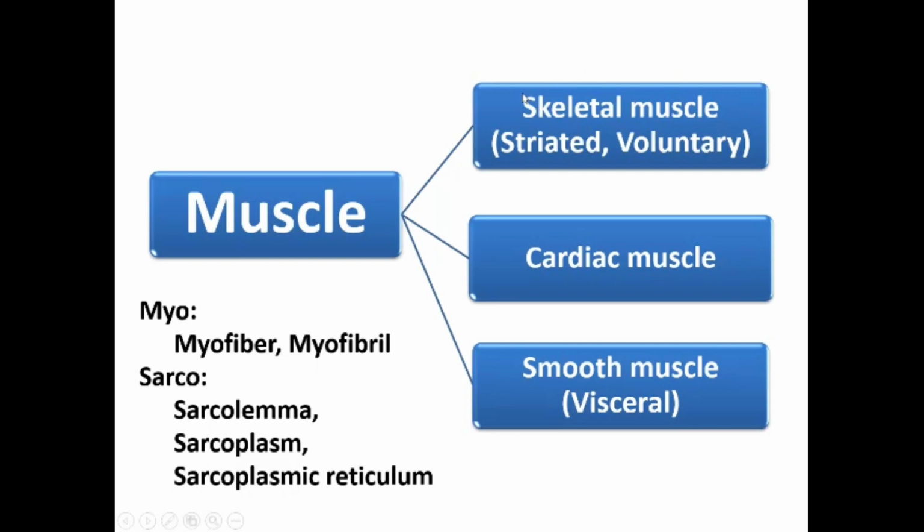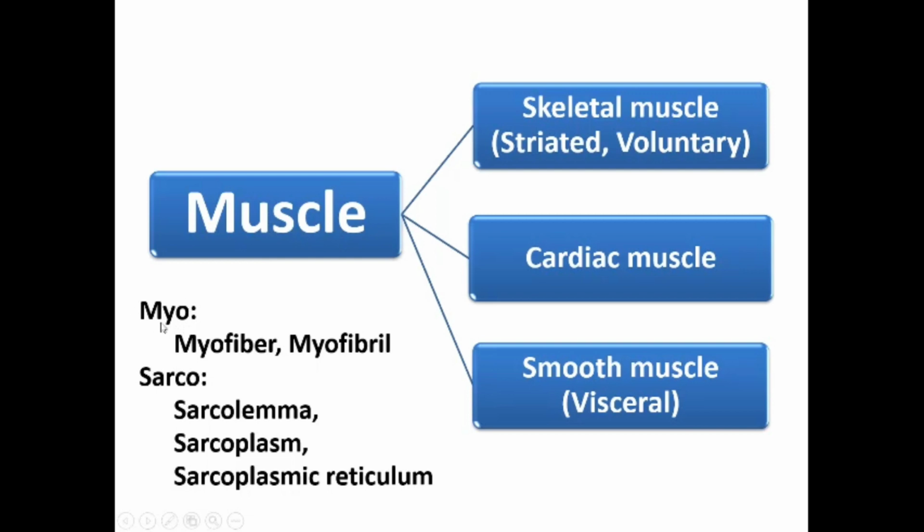Another name for the skeletal muscle is striated and voluntary muscle, and for the smooth muscle, another name is visceral muscle.